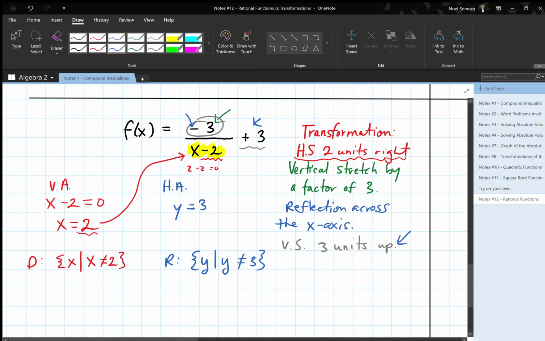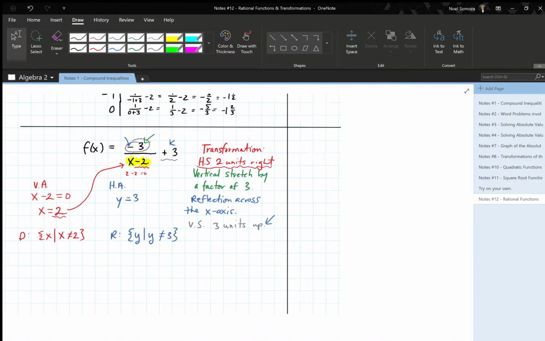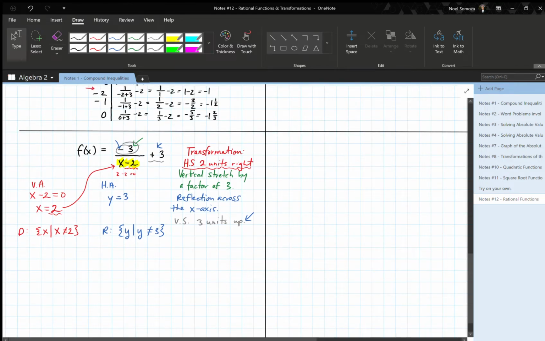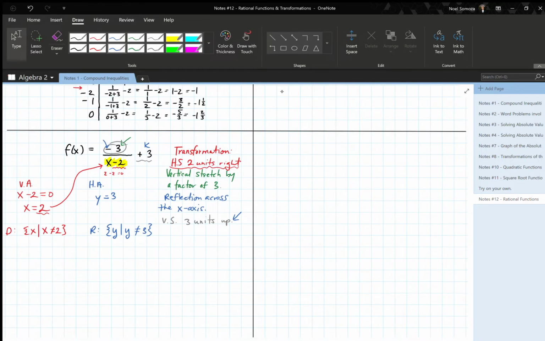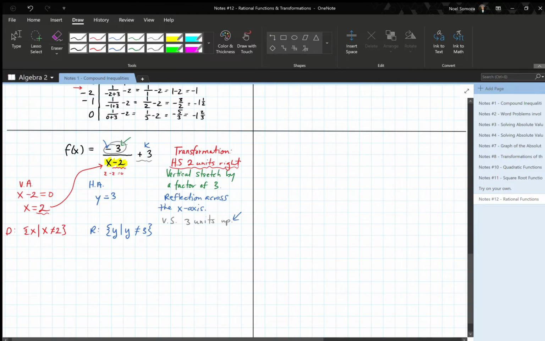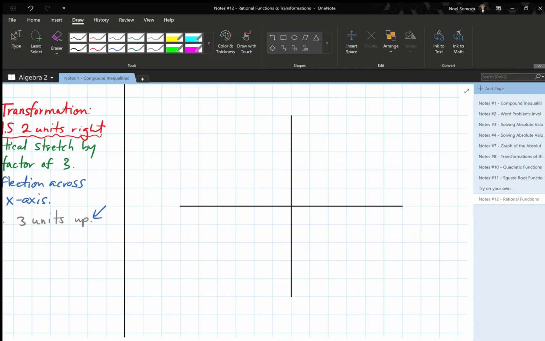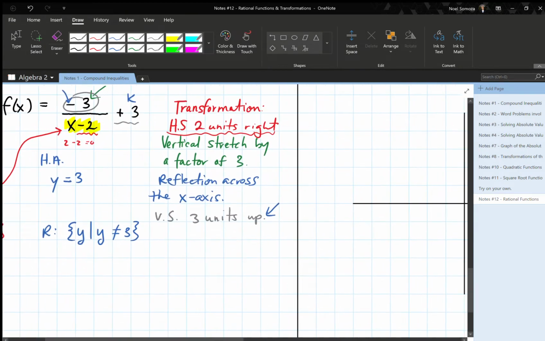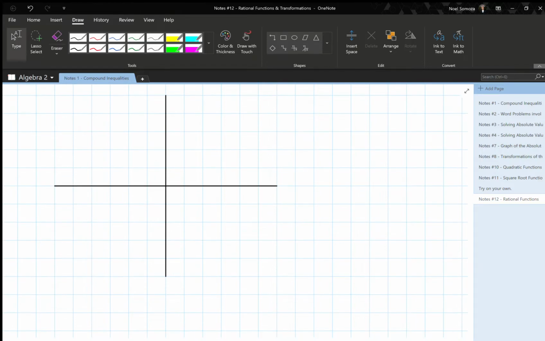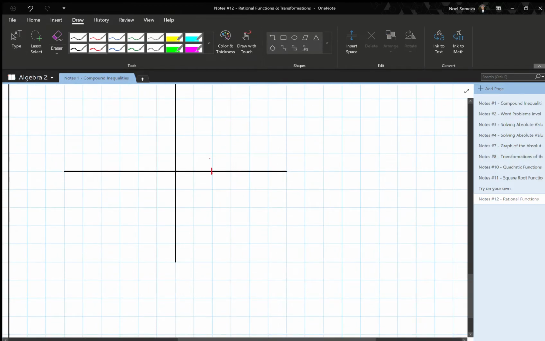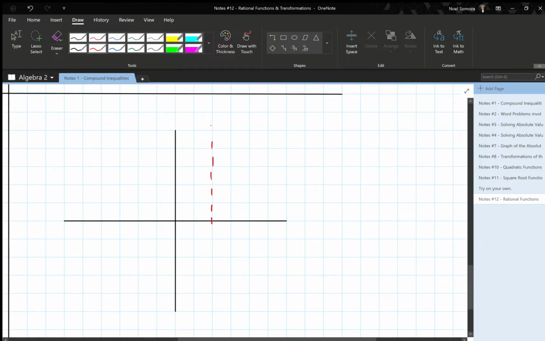All right. Let's go ahead and move over to the right side and start building the xy plane with the asymptotes. We said we had a vertical asymptote at 2. So at 1, 2, let's graph the asymptote here.